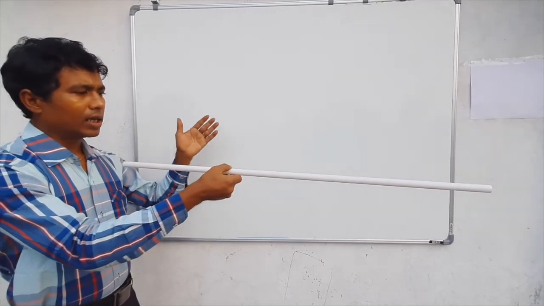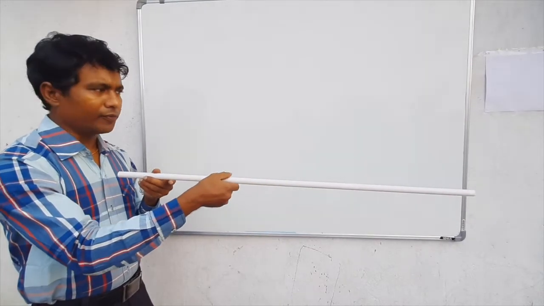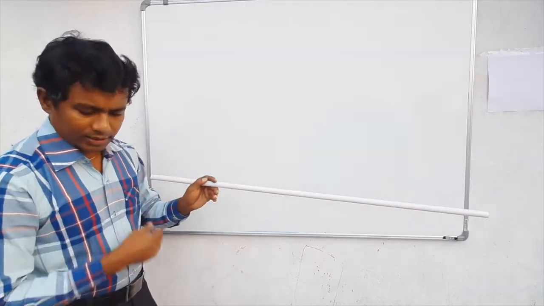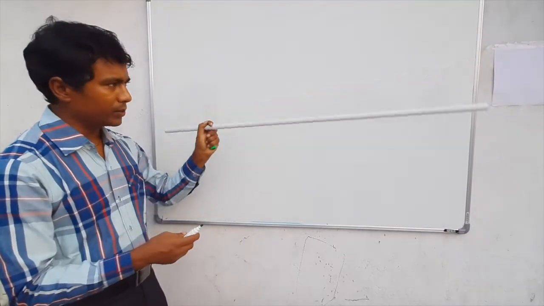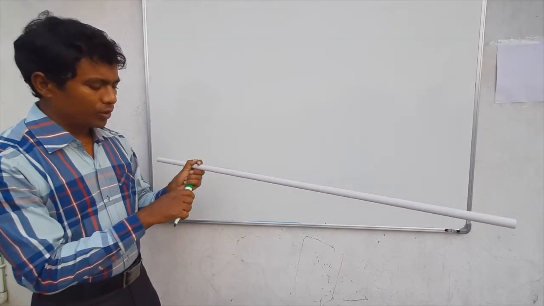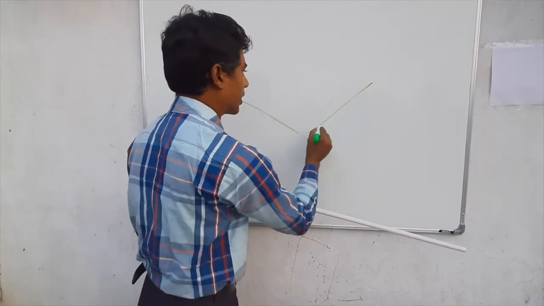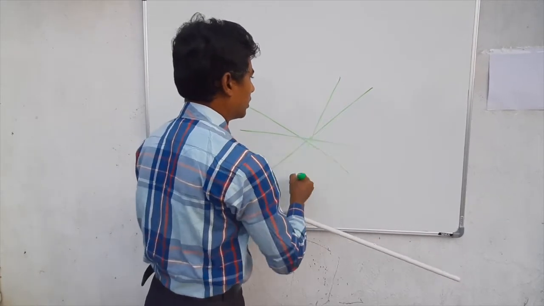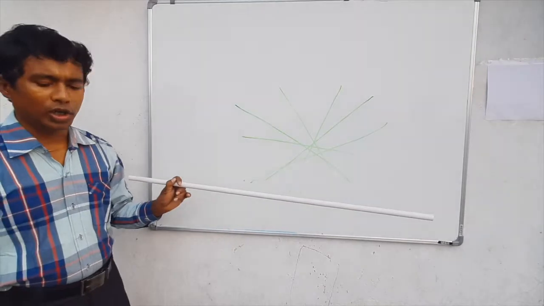When a plane and a line are parallel, in this board, how many parallel lines can we draw in the plane of the board? Infinite number. Infinite number of lines can be drawn on a plane of the board.